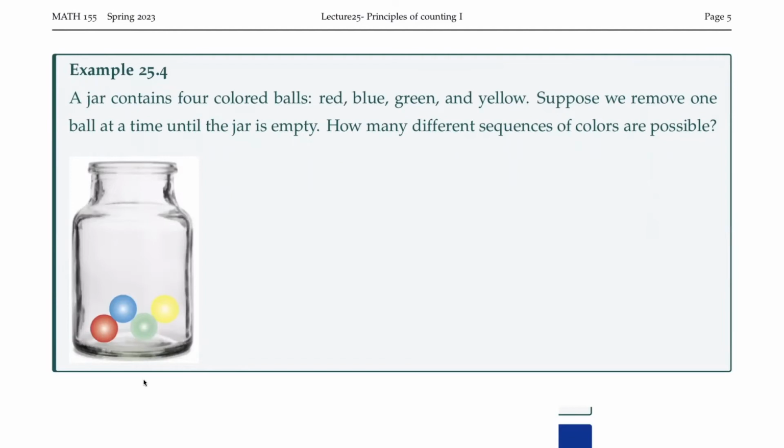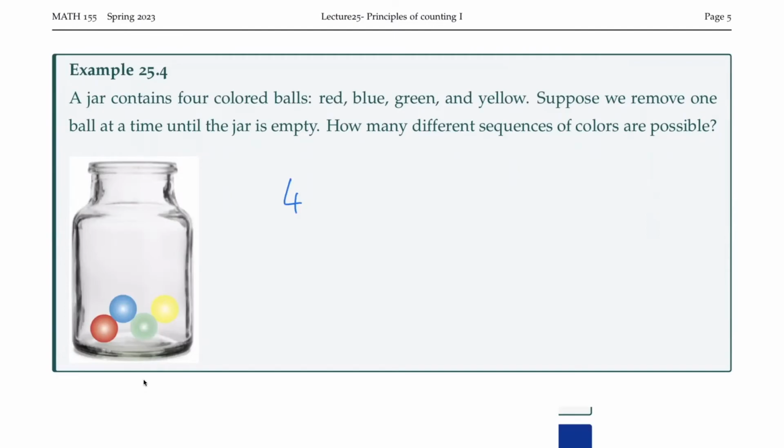Here we've got a jar that contains 4 different colored balls: red, blue, green, and yellow. We're going to remove one ball at a time until the jar is empty, not replacing them back into the jar. So how many different sequences of colors are possible? Well, there are 4 different colors here. The first thing I could pull out, suppose it's a red.